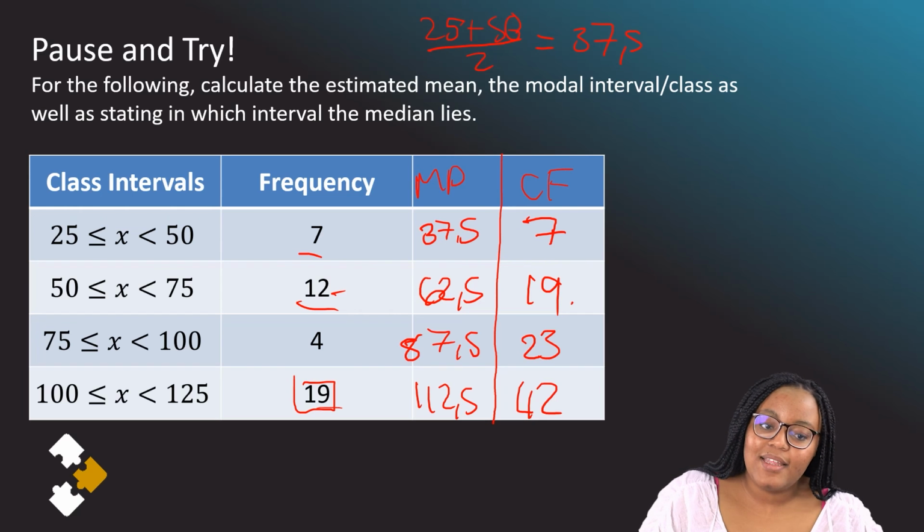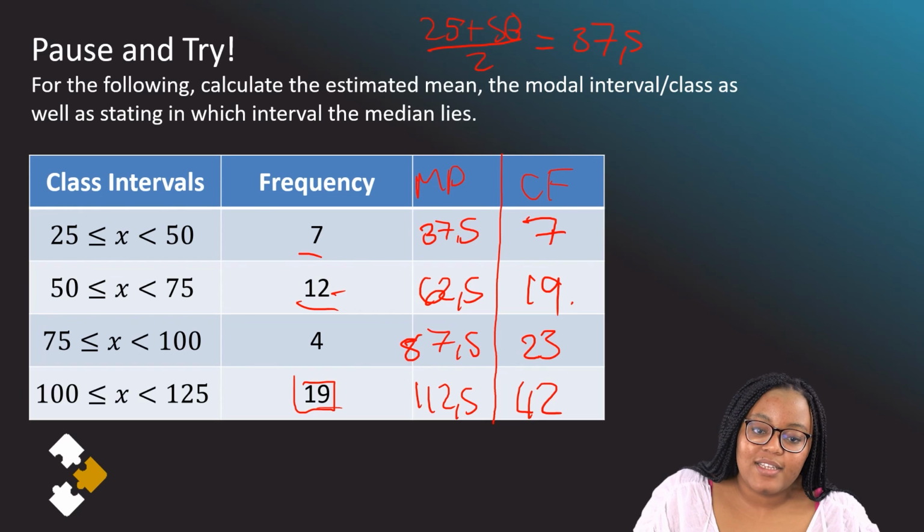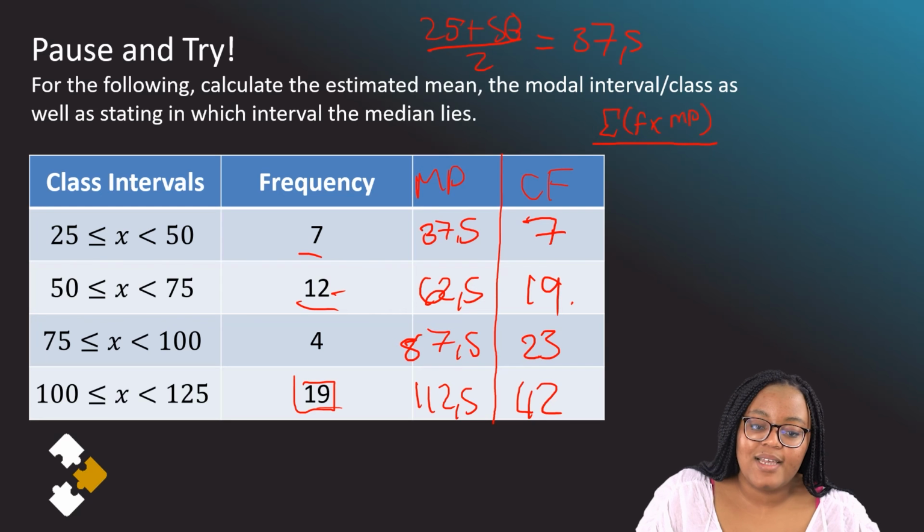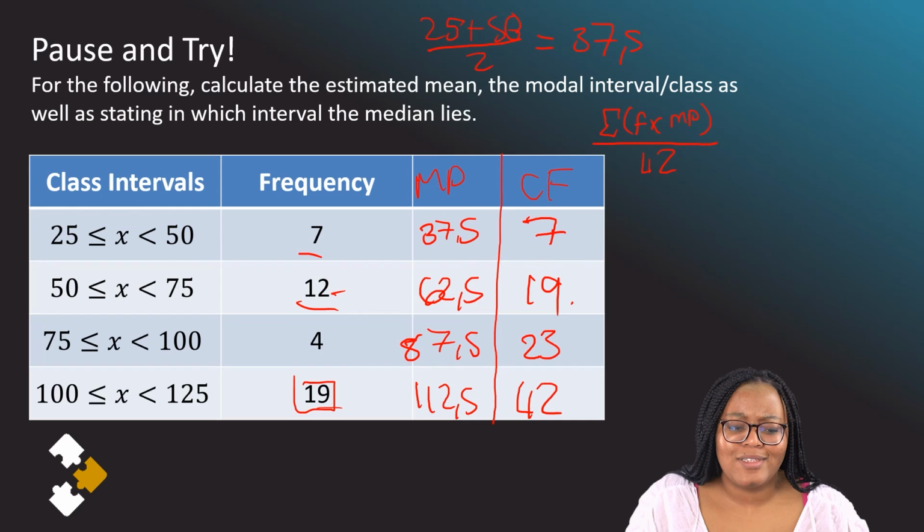To find the mean, as I did before, we're going to find the sum of the frequency of each data interval multiplied by the midpoint of said interval, and we're going to divide that by the net cumulative frequency, or the cumulative frequency of the last class interval.